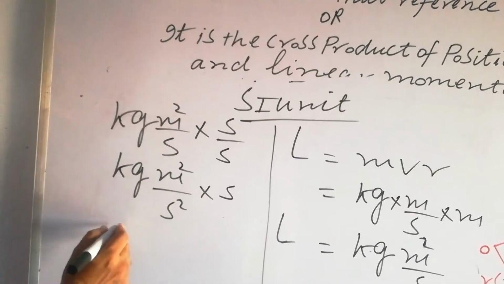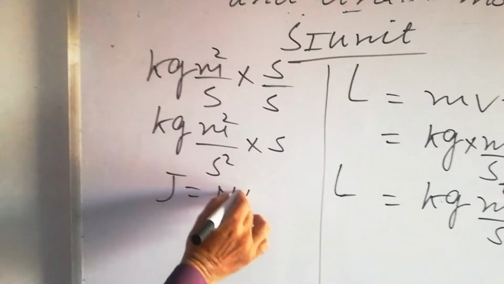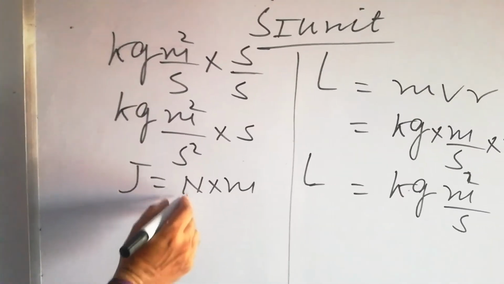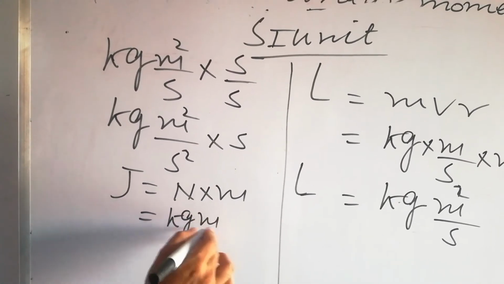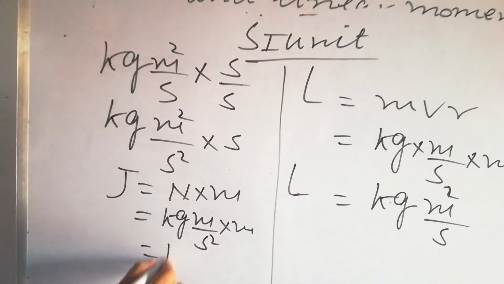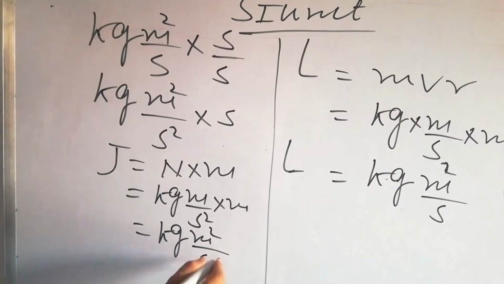And what is this? It is a joule. Joule is equal to Newton into meter. We know this one, and Newton is equal to kilogram meter per second square, into meter. So we get kilogram meter square per second square.